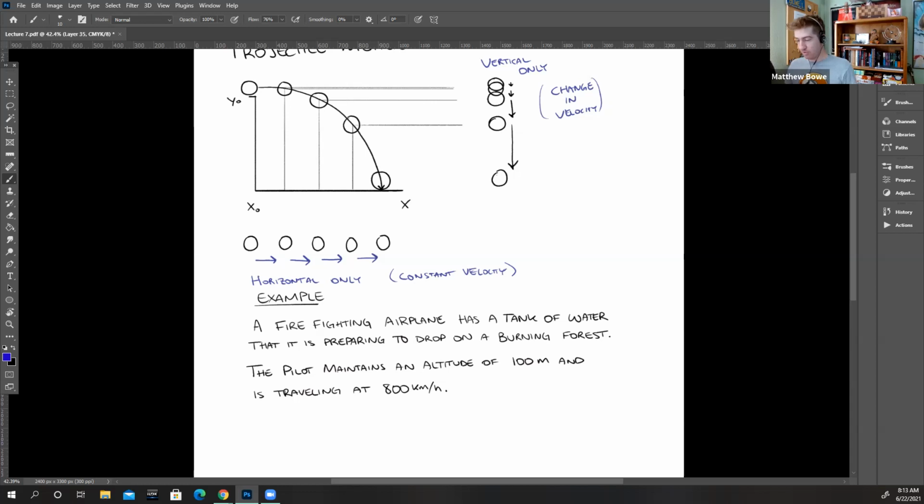So the pilot will maintain an altitude of 100 meters, and the plane is traveling at 800 kilometers per hour. What we want to know is, at what horizontal distance in front of the fire should the pilot release the tank of water? And of course, we could assume no air friction.